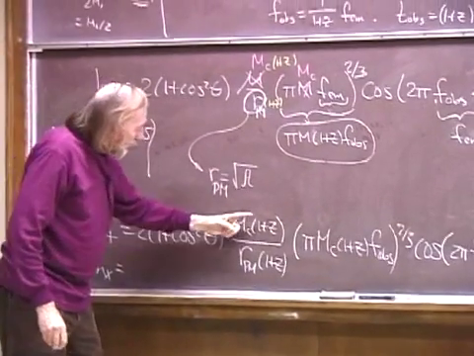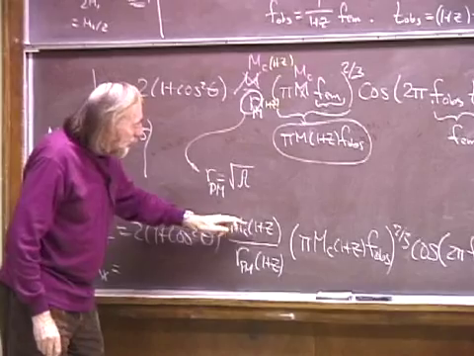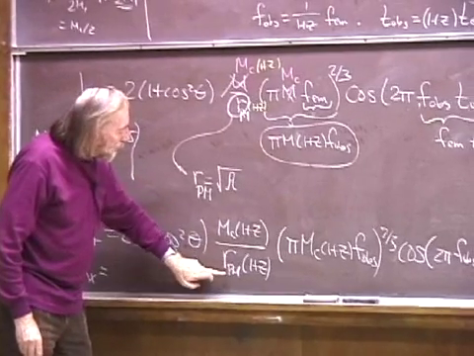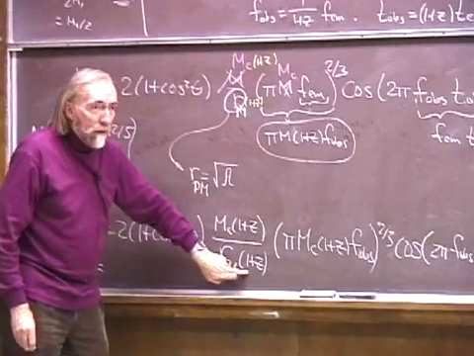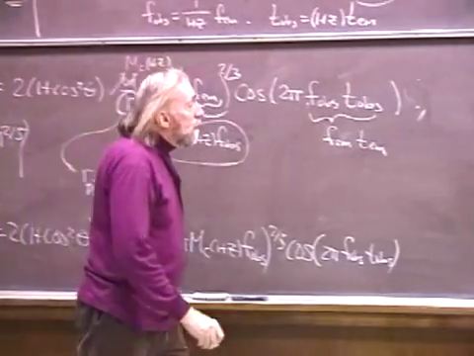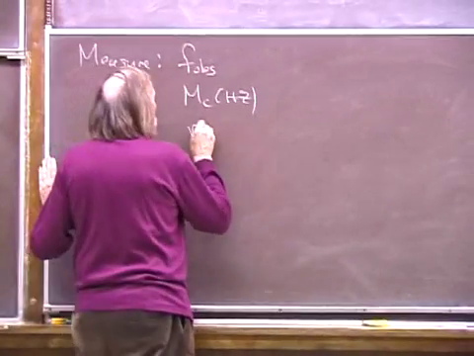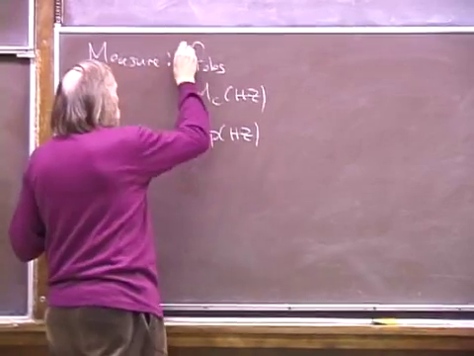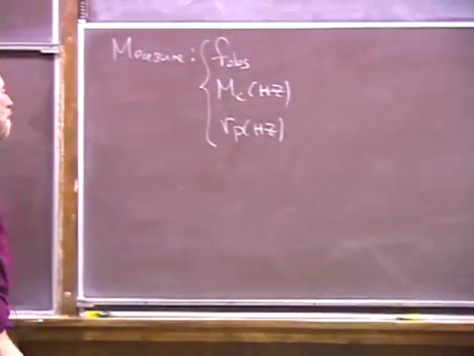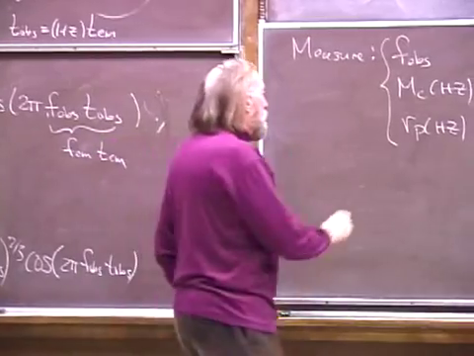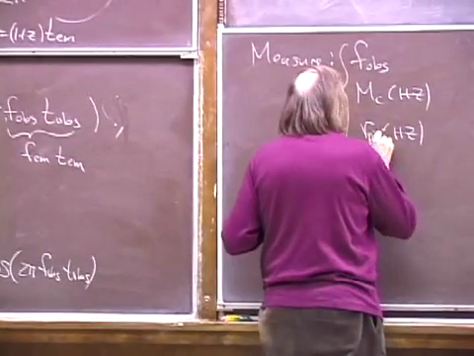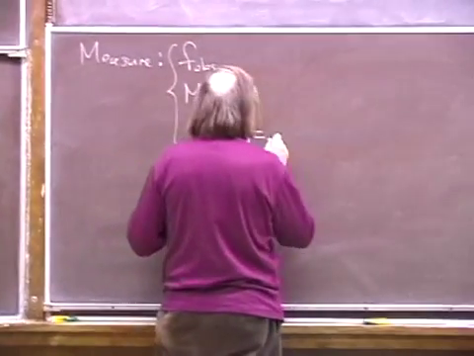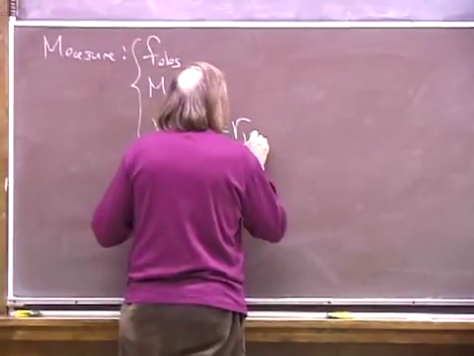And knowing inclination angle and chirp mass times 1 plus z, you can get the proper motion distance times 1 plus z. And so these are the things that are observable from this signal. The proper motion distance times 1 plus z, for those who know cosmology terminology, is what's called the luminosity distance.